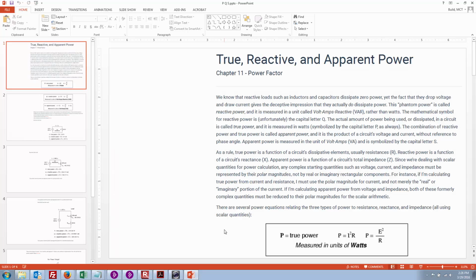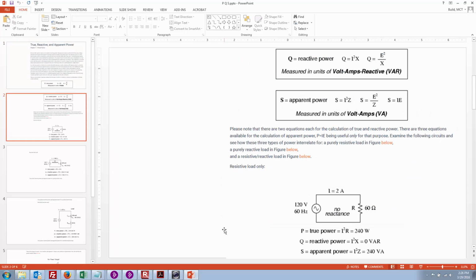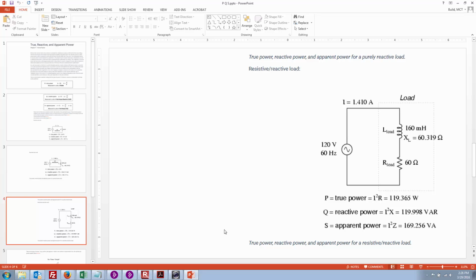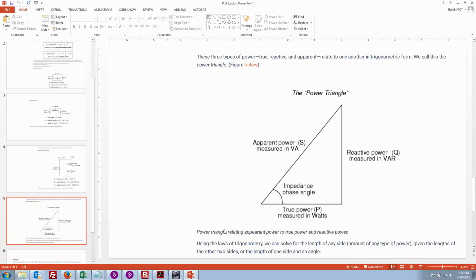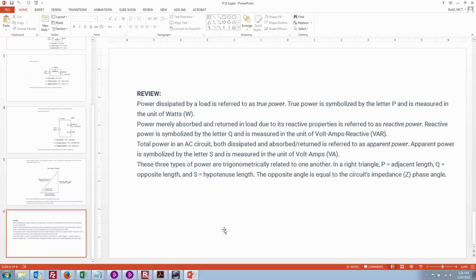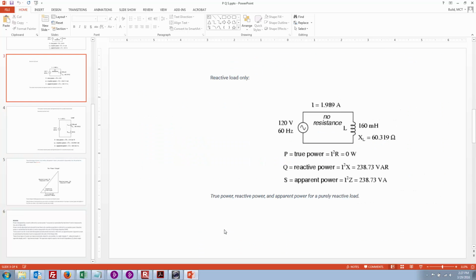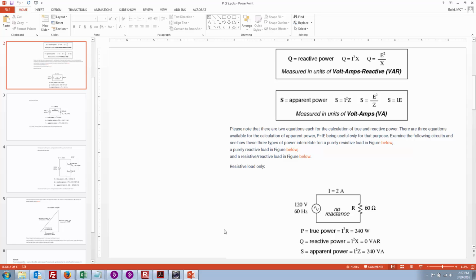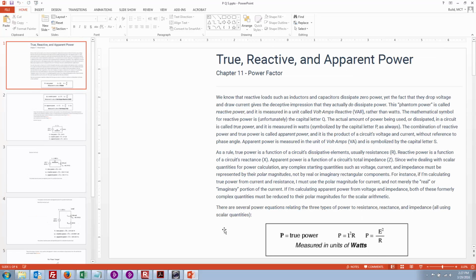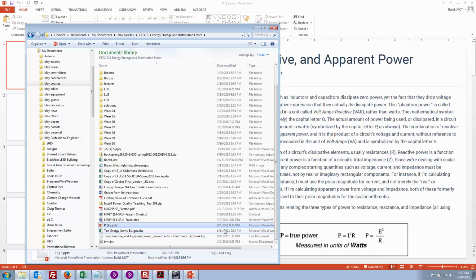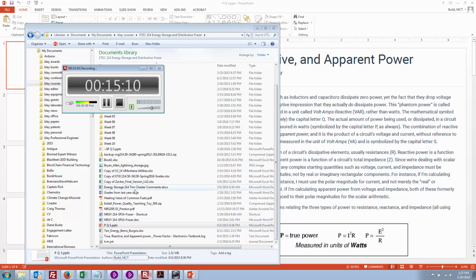I've got one more little PowerPoint for you here. I'll be sure to share this. There's a cosine variable. Give me one quick sec. I'll be right back with you.